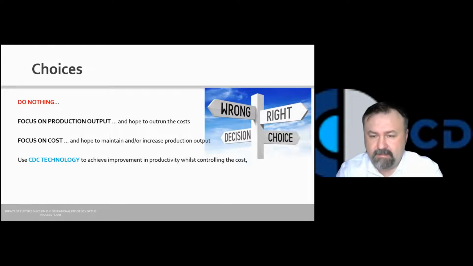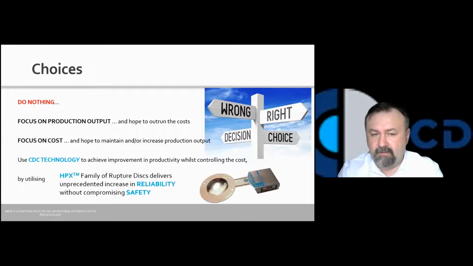Is there a possibility, when we look at the impact of the rupture disk in the process, that it is something we can use to positively affect both sides, allowing us to increase productivity, but also curtail the costs when it comes to rupture disk use, and more importantly, the costs associated with stoppages, both scheduled and unscheduled, and also the cost of maintenance.